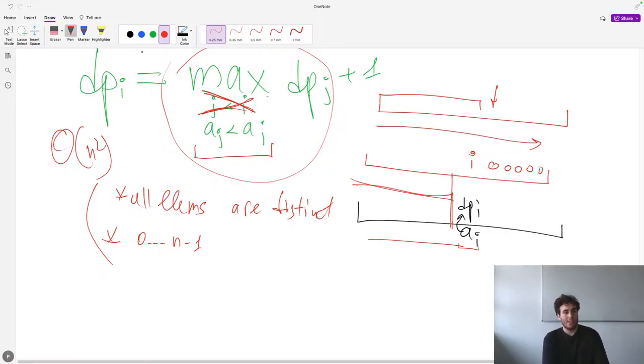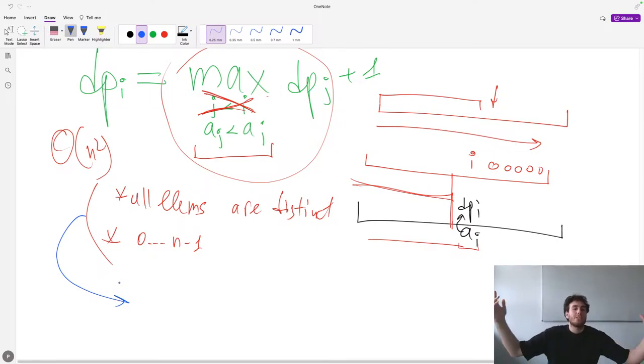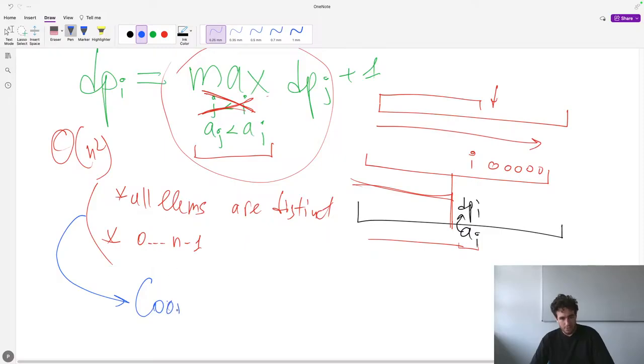If these conditions are not satisfied, so if I have equal elements or they are not from 0 to n-1, there is still a way to overcome it. The idea is that I don't care about the exact values of my array. I only care about which one is smaller, which one is larger. So I only care about the relative order of these values. And then you can use something called coordinate compression.